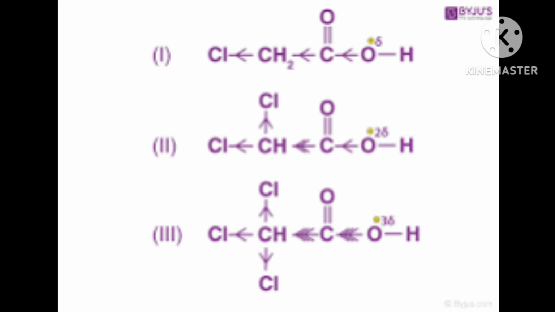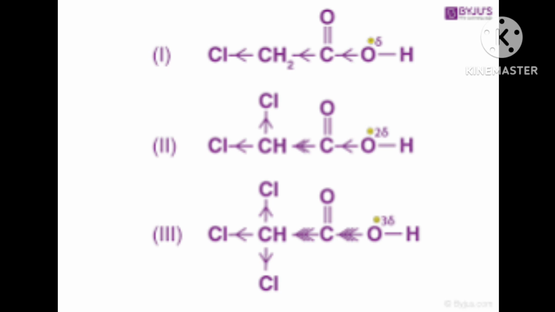Both cases are called inductive effect. Based on this ability, the substituent can be classified as electron withdrawing or electron donating groups. Substituent means groups which are going to attach. They may be called electron withdrawing when they are taking the electron, and electron donating group when they are donating the electron, relative to hydrogen.